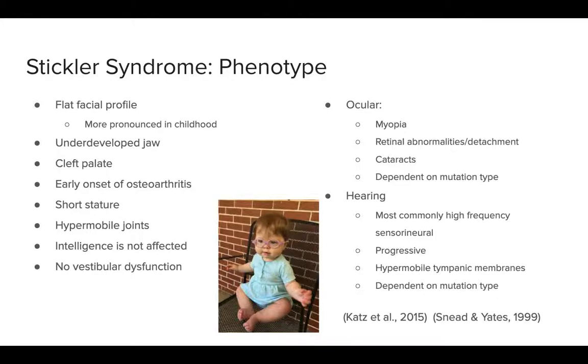As far as hearing loss goes, when hearing loss is present in type COL2A1, it is going to start out as a mild hearing loss, which will progress, but not very rapidly. So pretty similar to the rate of presbycusis.